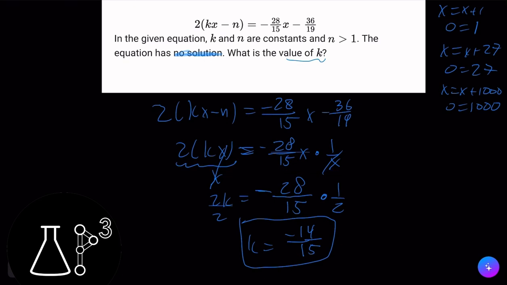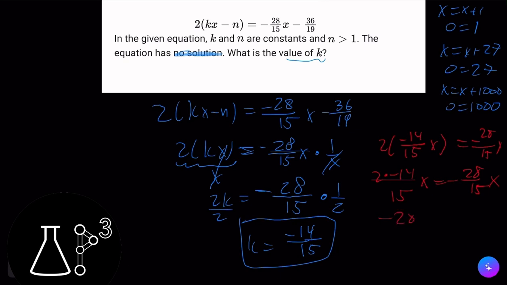So if I have 2 times negative 14 over 15 x equals negative 28 over 15x, and I multiply the 2 on the left side, I get 2 multiplied by negative 14 divided by 15x, which equals negative 28 over 15x. 2 multiplied by negative 14 equals negative 28, so we get negative 28 divided by 15x equals negative 28 divided by 15x.